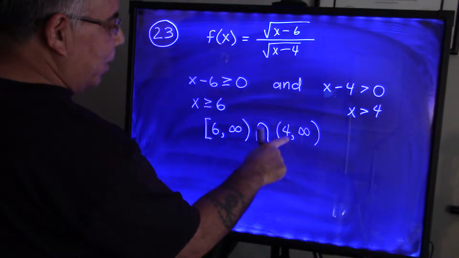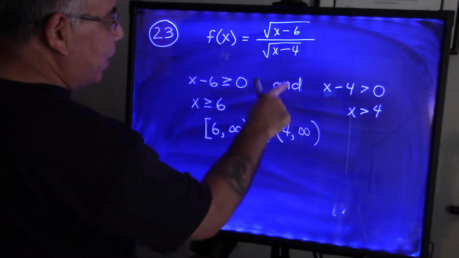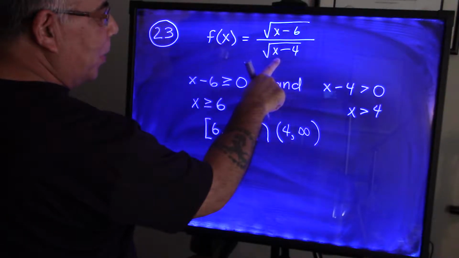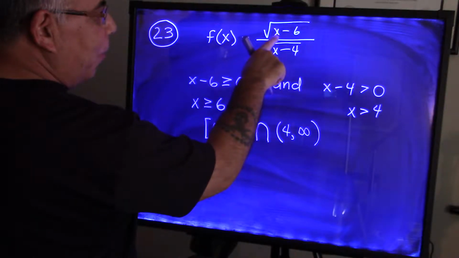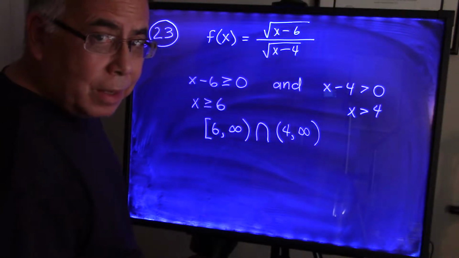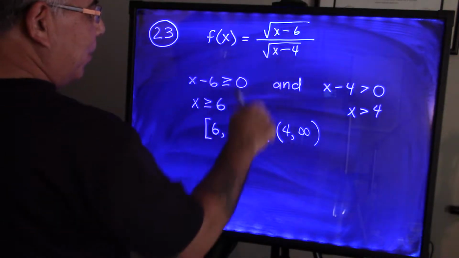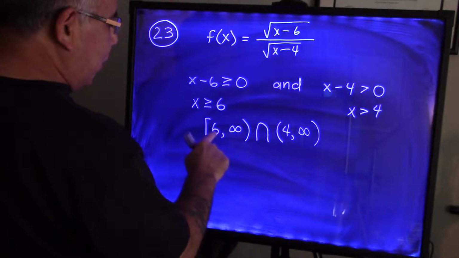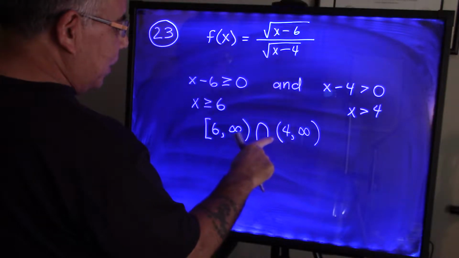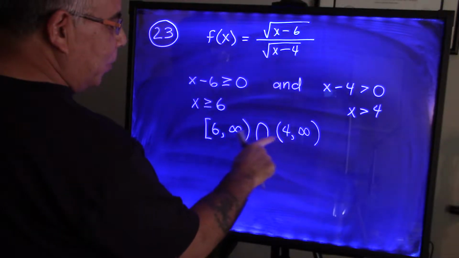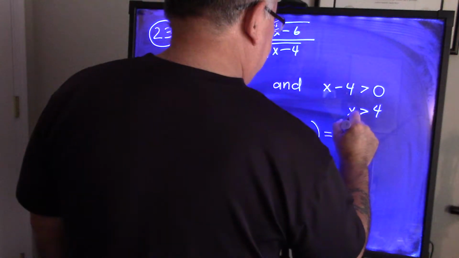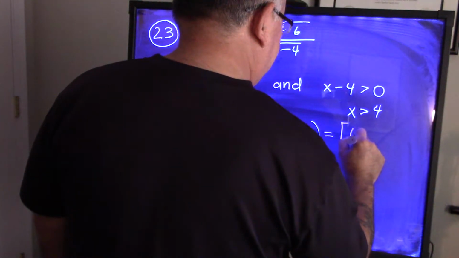If you put in like x equals, say, 5, up here, 5 is okay here, right? You get square root of 1 is 1. But 5 up here would be negative 1, right? Square root of negative 1. So that wouldn't work for that. So I'm taking what's in common with both. So what's in common? Well, this is in common with both. So the intersection is going to equal this.